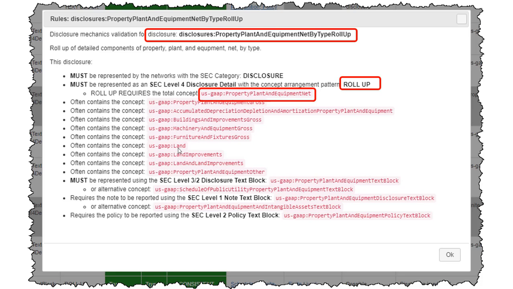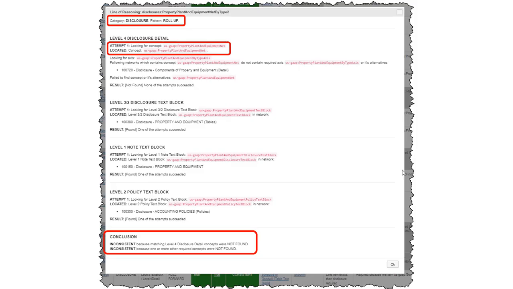It doesn't say it has to have this one, but it could contain this concept. It might contain that concept, but anyway, this works. And then again, there's the line of reasoning, but that's what a disclosure mechanics rule is. It's basically part of a reporting checklist. Watch that video, which is not there yet, but it will be coming very shortly.